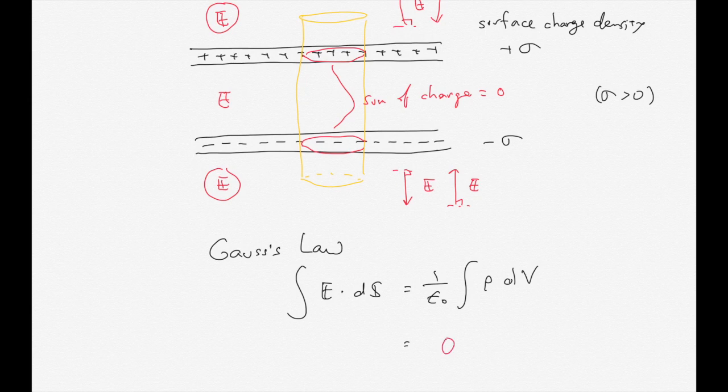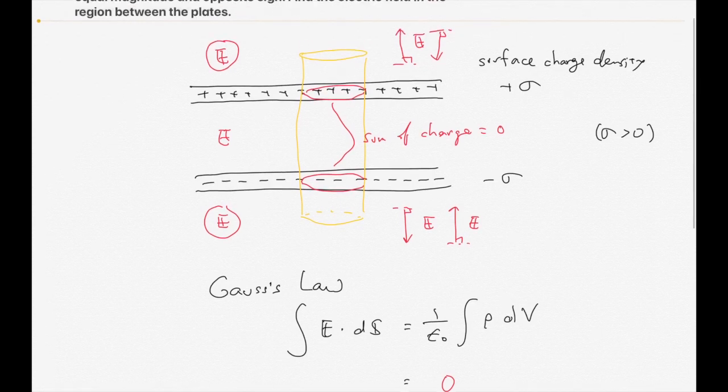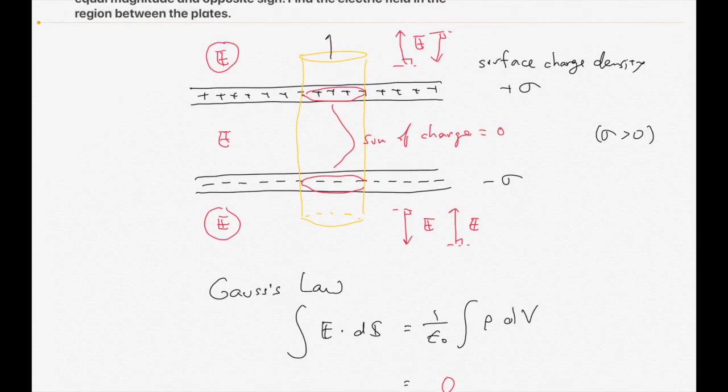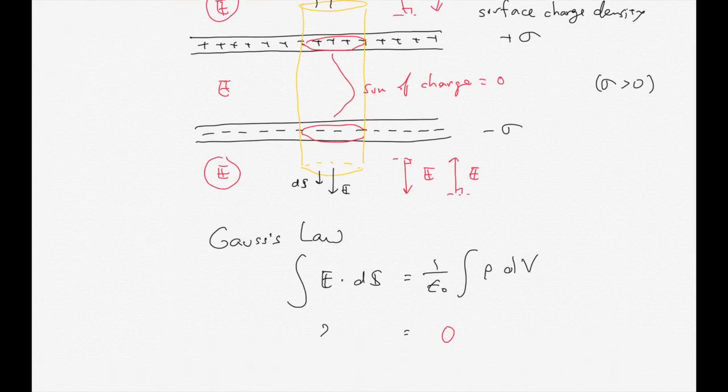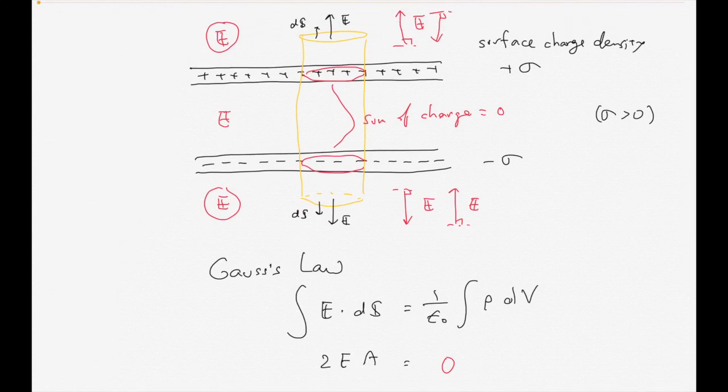And the left-hand side, if you consider the electric field up and dS upward, parallel, then this becomes 2EA, where A is the area over the top and the bottom.